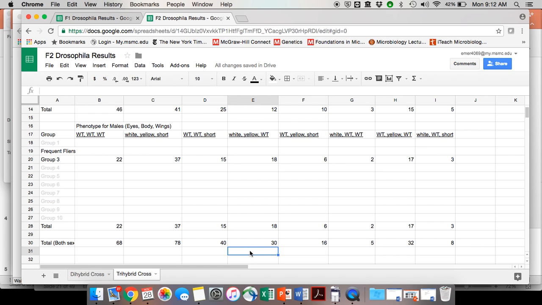So how do you do the analysis for these? Well, what we talked about in lab 2 weeks ago in terms of the dihybrid and trihybrid cross analysis, you're going to want to go back and look at that because that was extremely relevant to what you're going to be doing here, as well as look at the sample lab report I posted on eClass, because that is a good example of how to do an analysis for a dihybrid and a trihybrid cross.